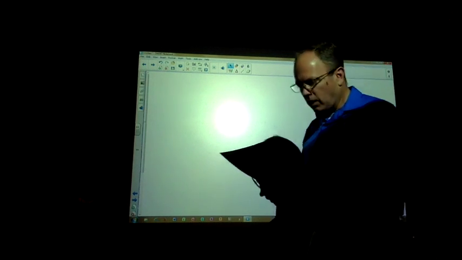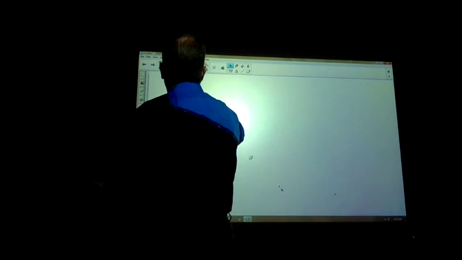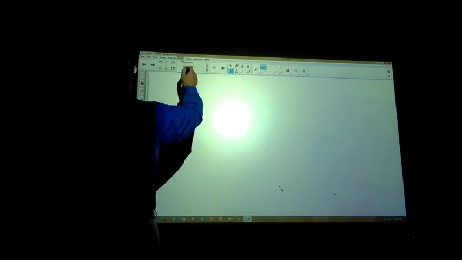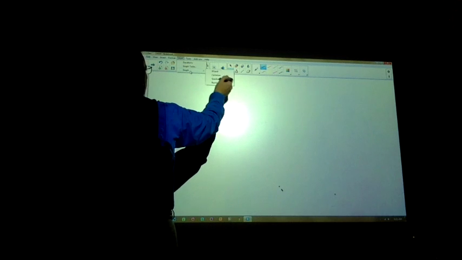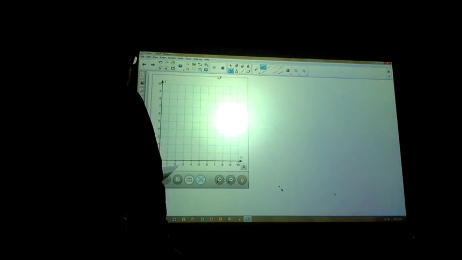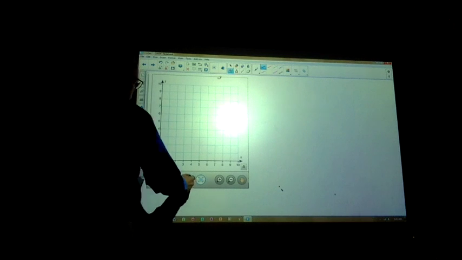All right. So it looks like they want us to create this data. So I'm going to use math, graph. Looks like I'm going to just use the quadrant graph, which is this. I'm going to remove my numbers. And it looks like they're going every other one count by 20s.